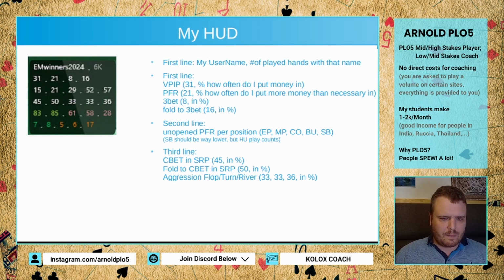So I open 15% of hands in early position, 21 in middle position, 29 on the cutoff, 52 on the button, and 57 on the small blind. Again, the small blind is not correctly placed here because I played some heads up, and there you should open 90% of hands or something like that.